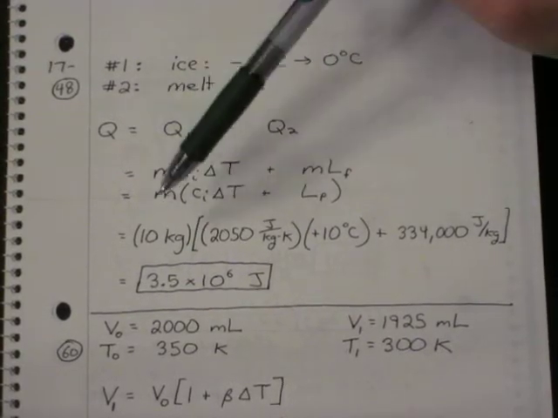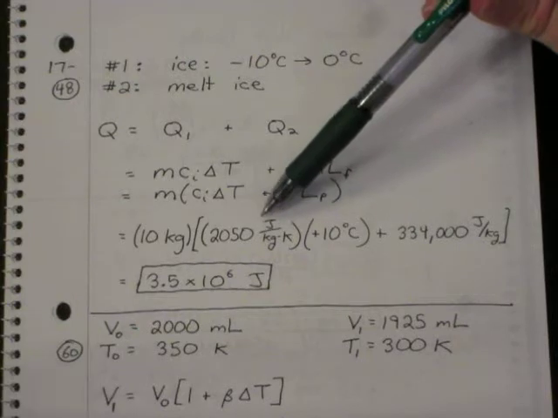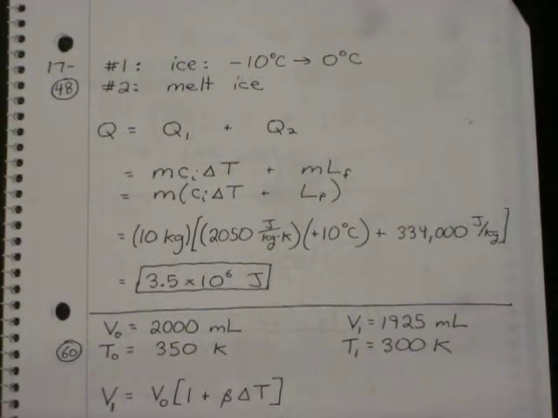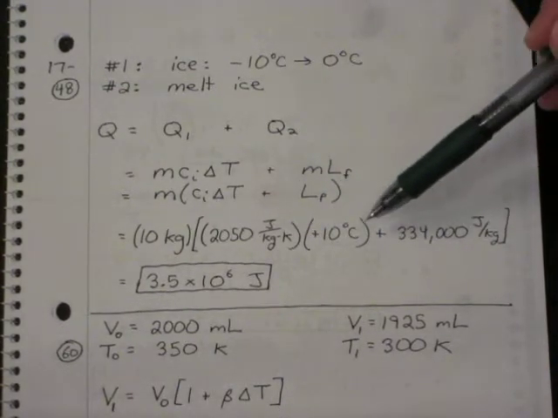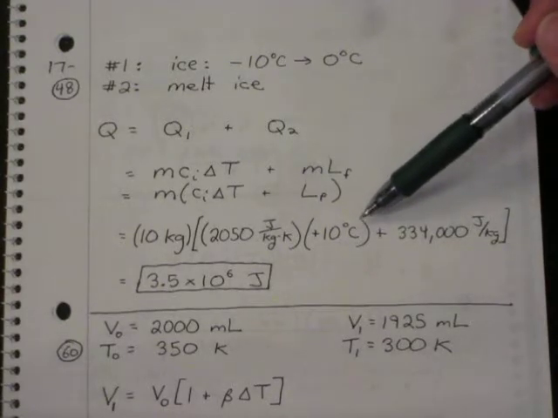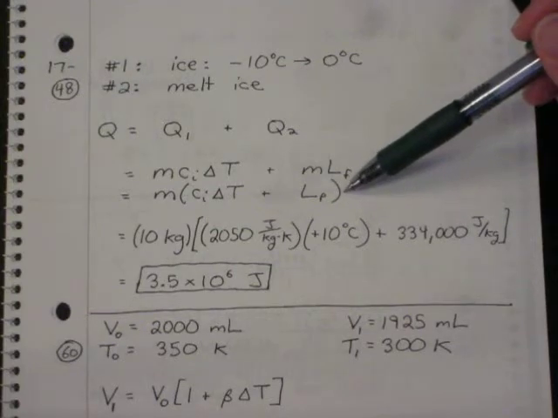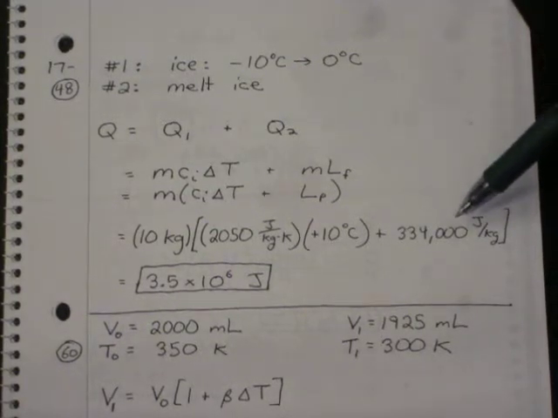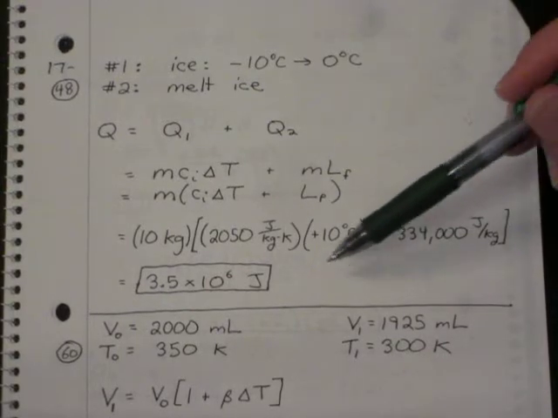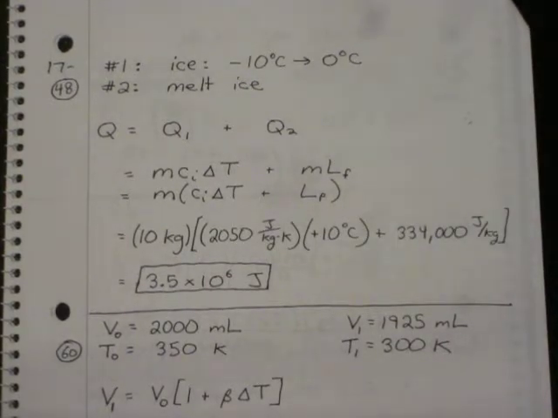So what we have is the mass of 10 kilograms times specific heat of ice. Be careful, this is not liquid water. That has a specific heat of about twice this. It's ice. So it's 2050 joules per kilogram Kelvin times a change in temperature of 10 degrees Celsius, plus the heat of fusion for water, which is 334,000 joules per kilogram. Add those up and you get 3.5 million joules.